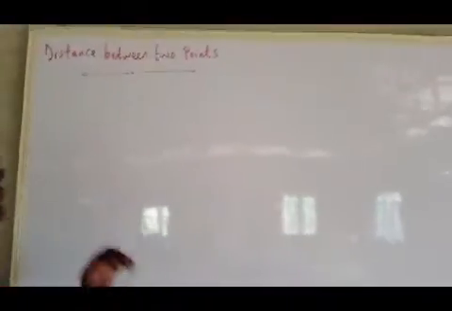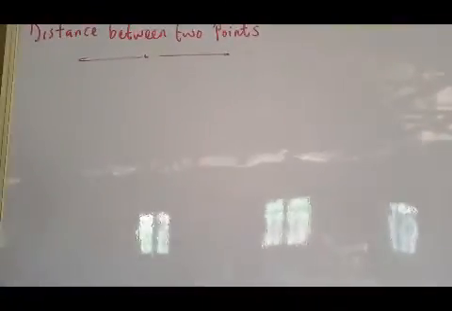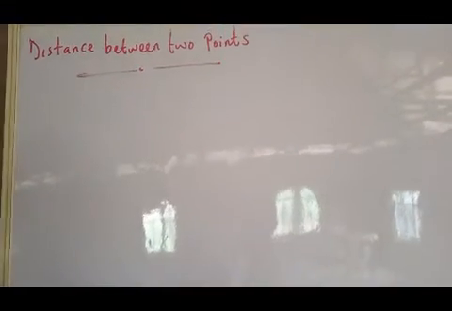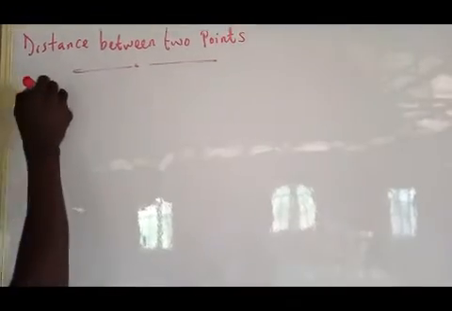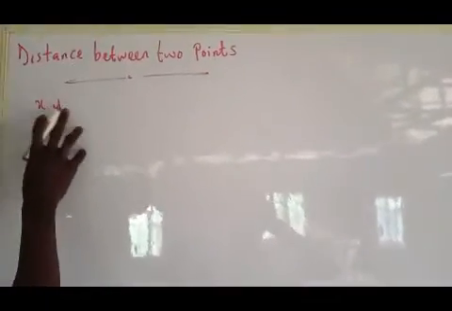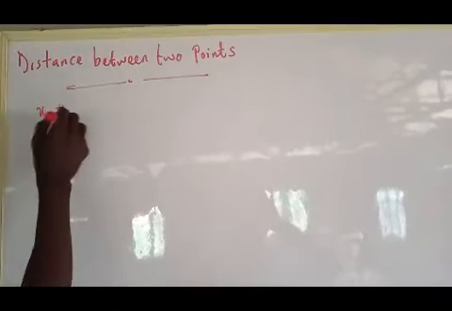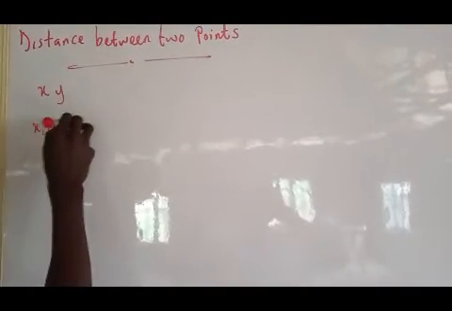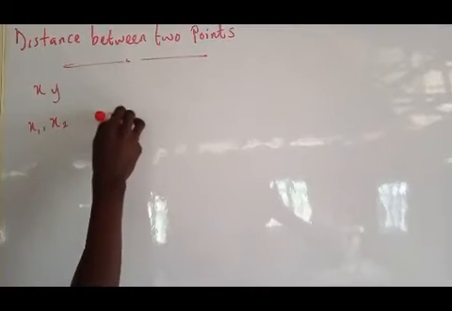Alright, today we want to talk about distance between 2 points. Now, how can we find the distance between 2 points? This simply means if we have x and y, this is 1 point, but it now becomes 2 points when I have x1, x2 and y1, y2.